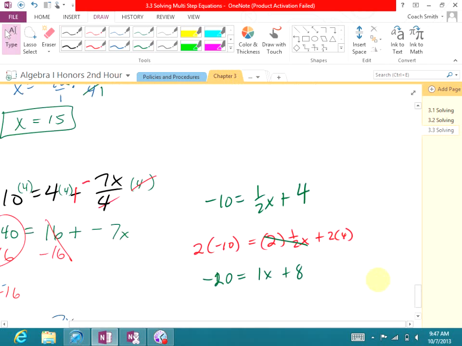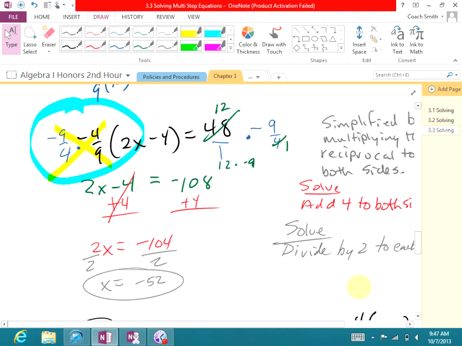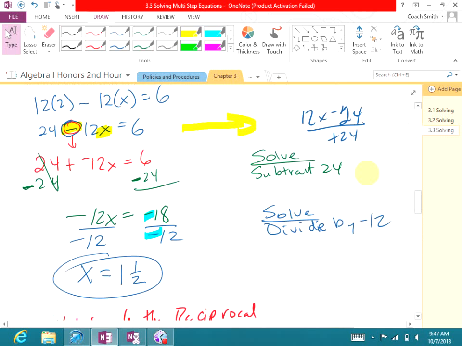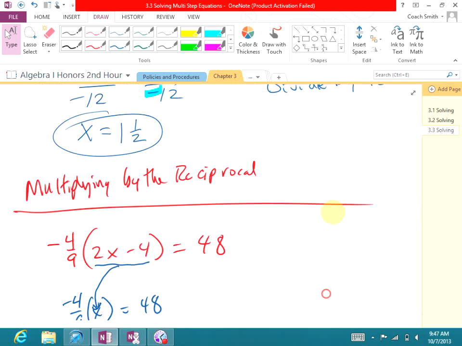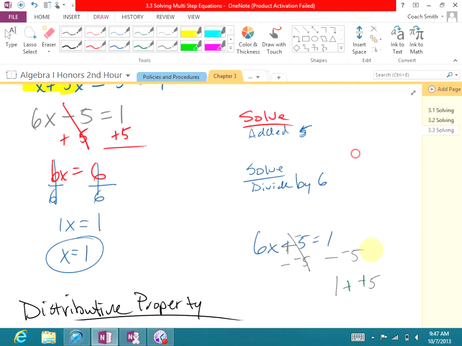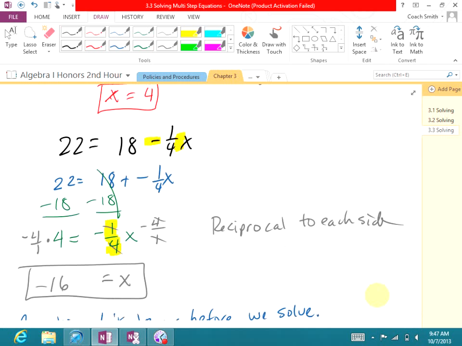So let's go back up here to the top. Let's see here. Where was it at? Right here, where we did the 1/4 x, the negative 1/4 x we started with right here.